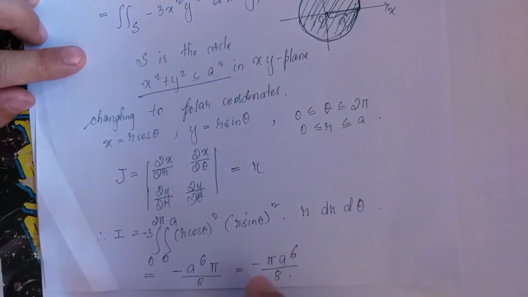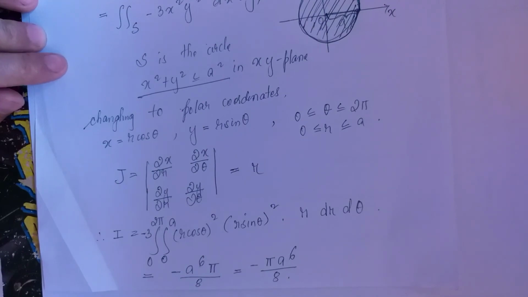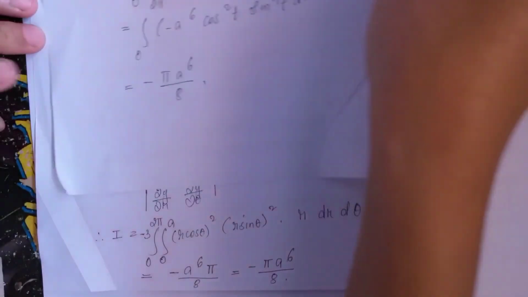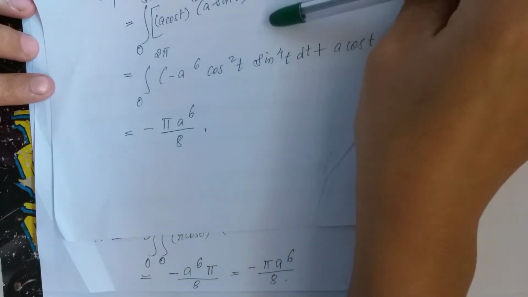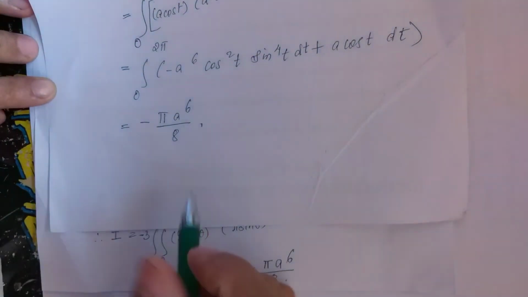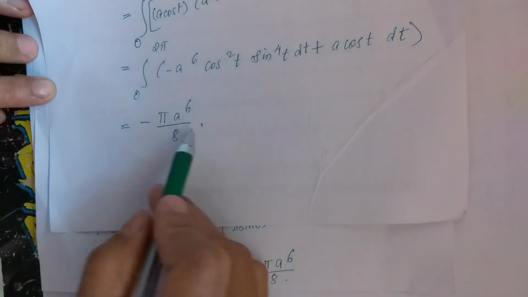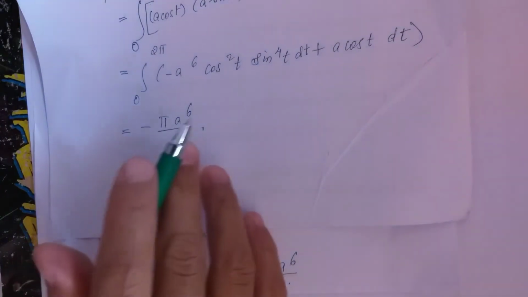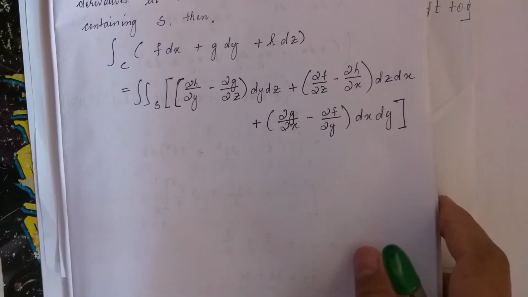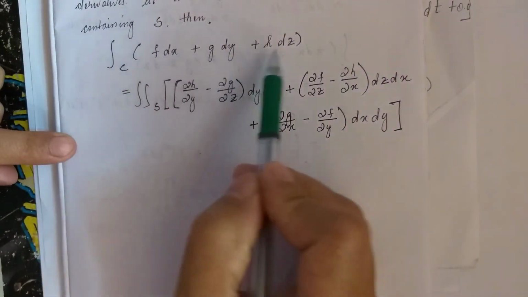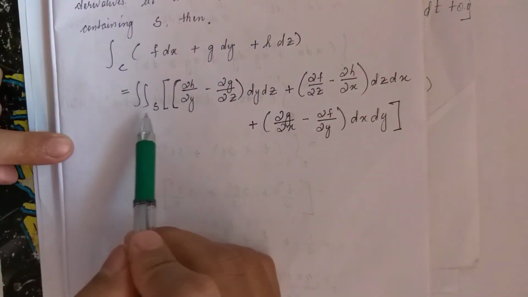Hence we get the same answer as the line integral. From the line integral we got minus pi a to the power 6 by 8. Therefore we have verified Stokes' theorem, since this curve integral is equal to the surface integral.